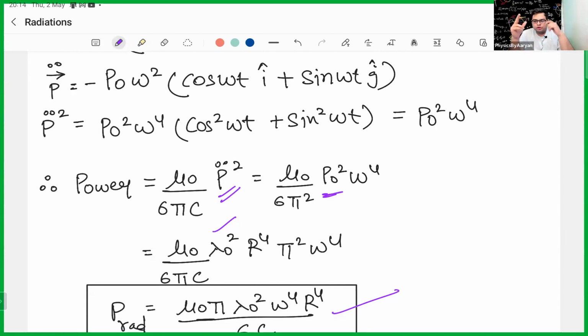So these two problems of Griffiths we discussed are very important problems, and could be asked in an exam. One piece of advice I would give you: radiation is not a chapter on which you can rely. Radiation is very good to understand. I have also done radiation when I was preparing for my NET exam.